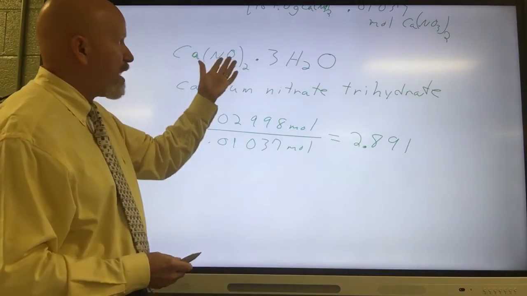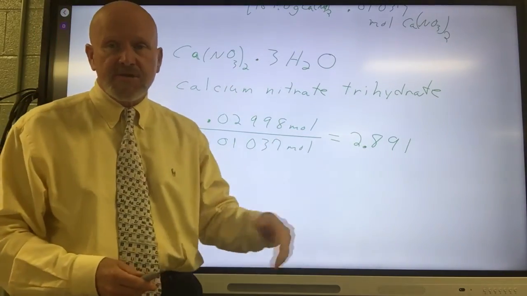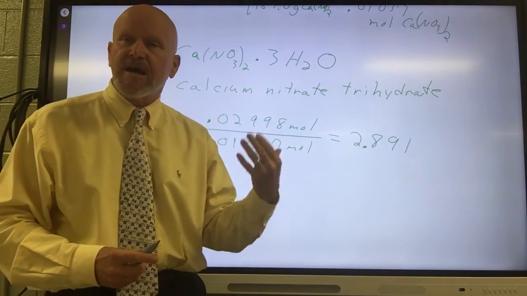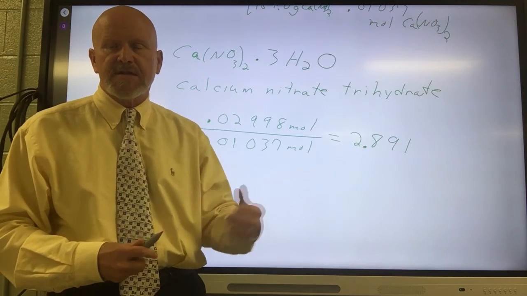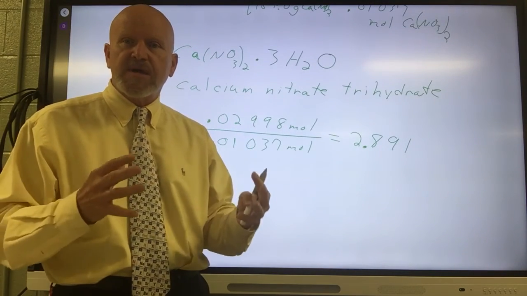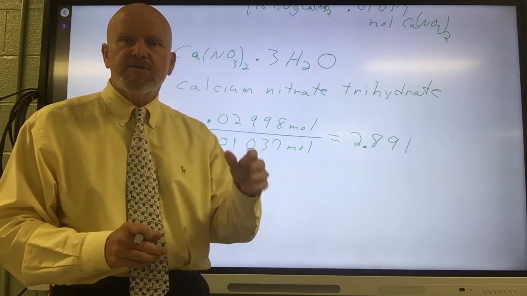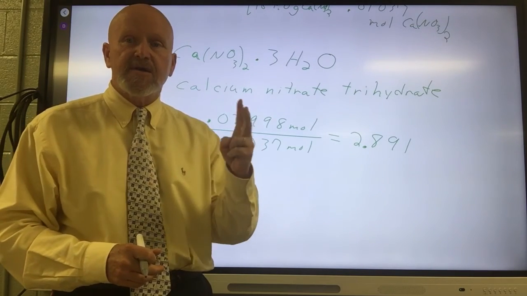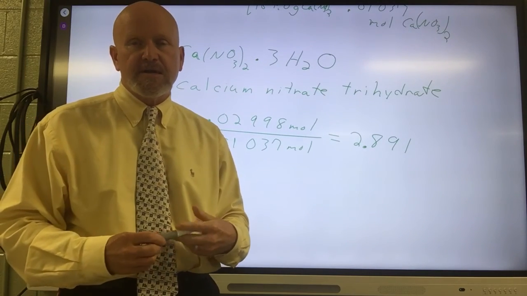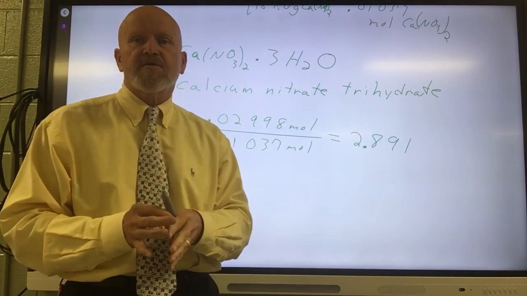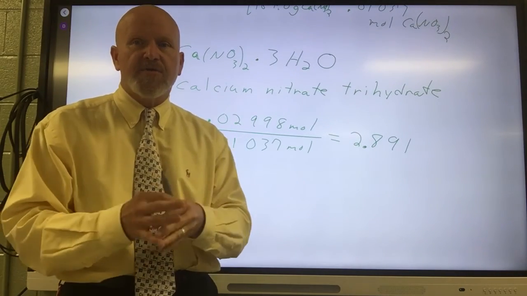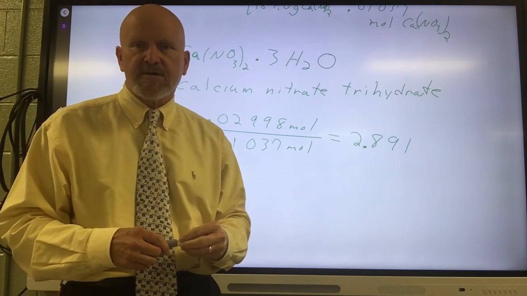And instead of water that left, maybe they'll tell you just how much of the dry compound is left over. A lot of stuff, when you get into more advanced chemistry and physics, is reading comprehension. Can you tell what the question's asking, and can you tell how the numbers help you get there? So you've got to make sure you're focusing in and trying to break down the question. They're not going to look identical every single time.